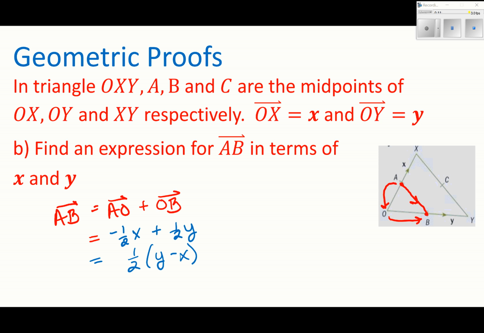If we look back at part A a little bit, we know that XY was Y minus X, and AB is actually 1/2 of Y minus X. So we can see they are scalar multiples.